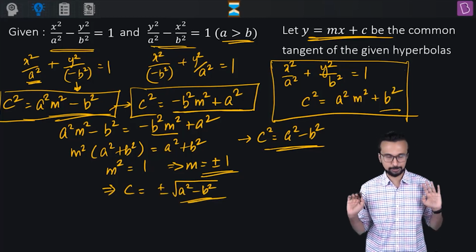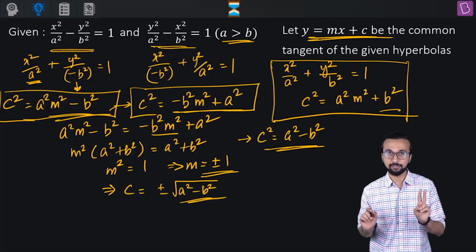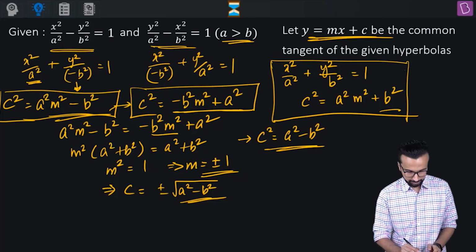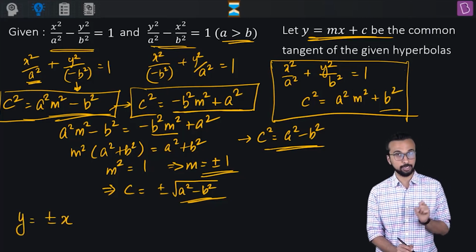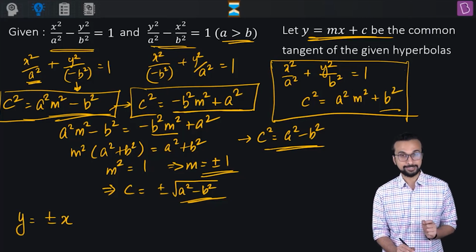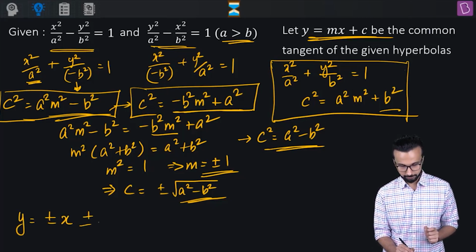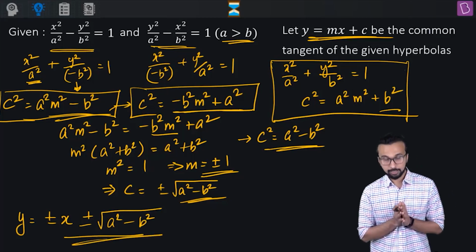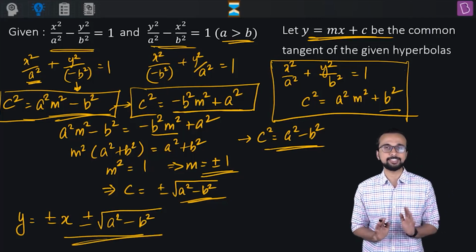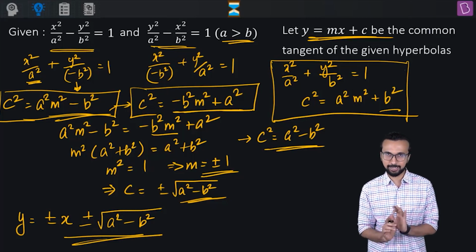We have m, we have c. So y equal to mx becomes plus or minus 1 into x, plus c, where c is plus or minus root of a square minus b square. These are the common tangents I've been looking for. That's it. We are done here.